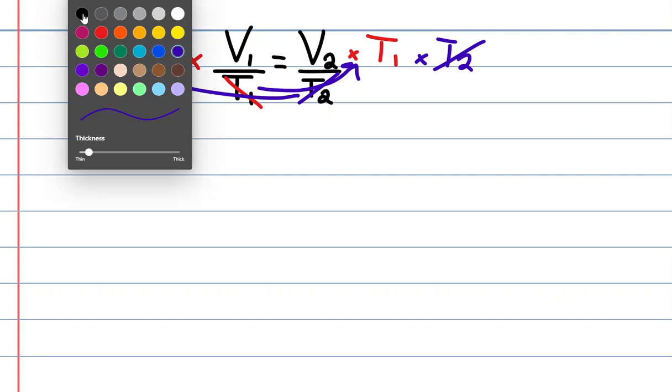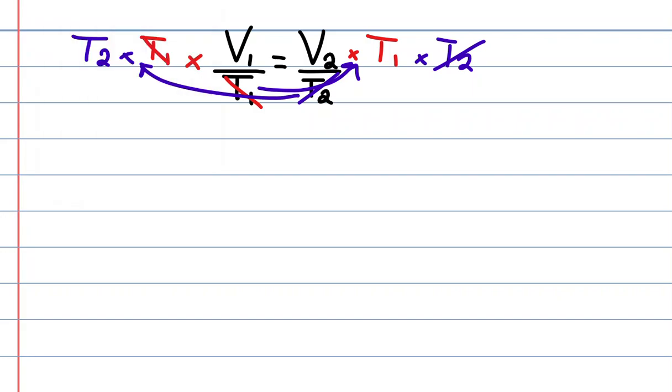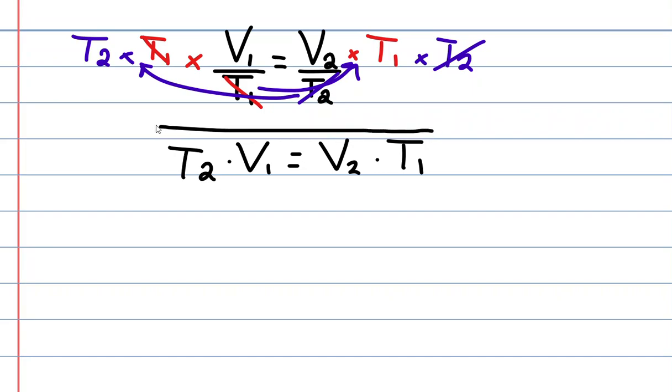So the new version of our equation is T2 times V1 equals V2 times T1. This is the rearranged version that I would like us to use. You don't have to, but trust me, this is going to be way easier.